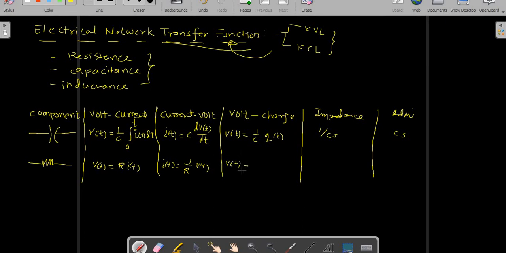Then voltage charge relation V of t is equal to R dq of t upon dt. Impedance is simply R. Admittance is equal to 1 upon R. We represent it as G.